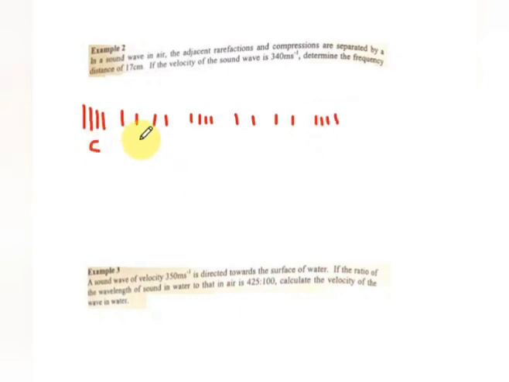So this is the compression, this is rarefaction, this is compression, and this is rarefaction, and so on and so forth. Just take note that the compressions are close together while rarefactions are open.